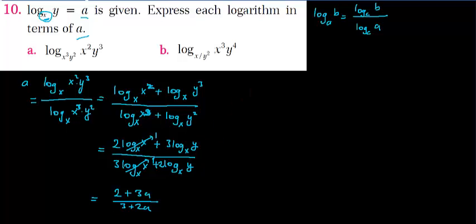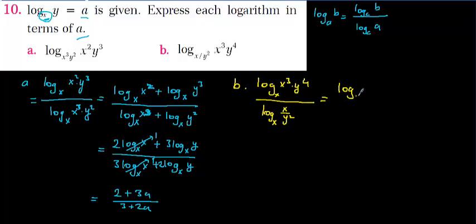Second one now, b. Logarithm base x of x cubed y to the fourth is written up, and logarithm base x of x over y squared is written down. Here there is an operation between the argument terms.